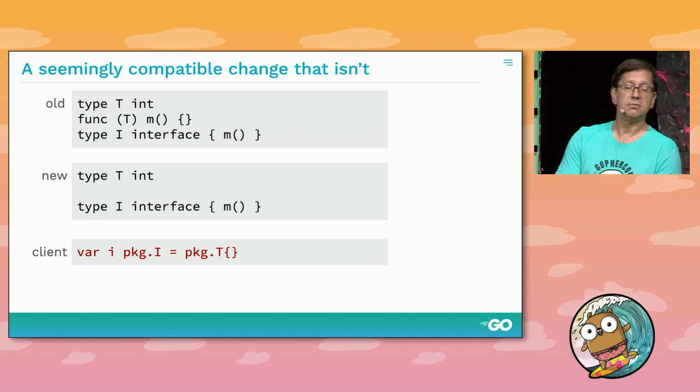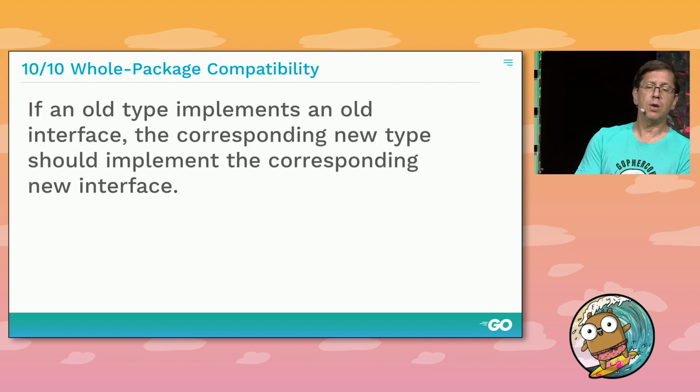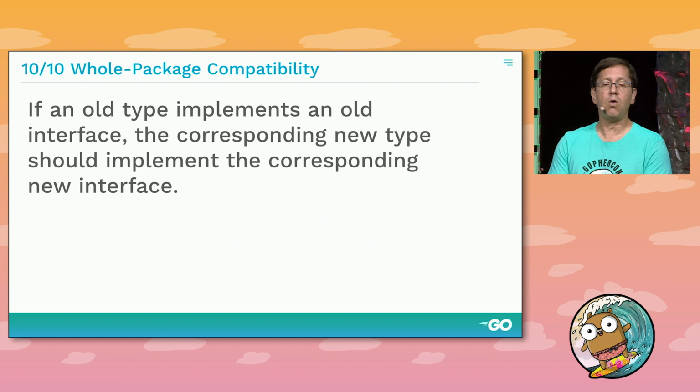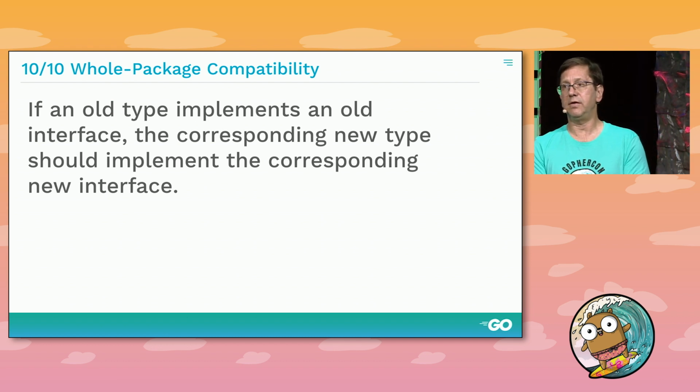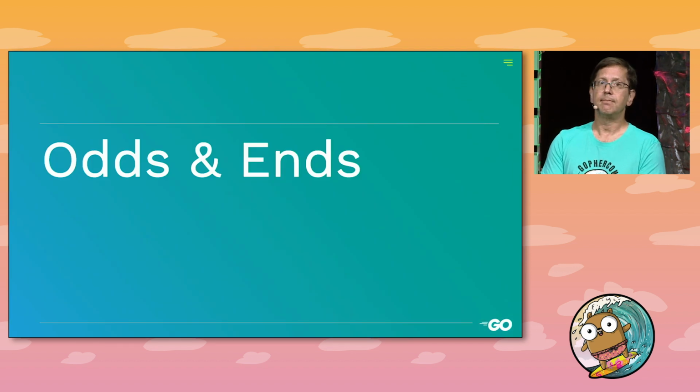Except now, T no longer implements I, and client code can break. So we need one more compatibility rule which checks to make sure that all the interface satisfactions of the old package still hold in the new package. And that concludes our definition of package compatibility. Time to finish up.